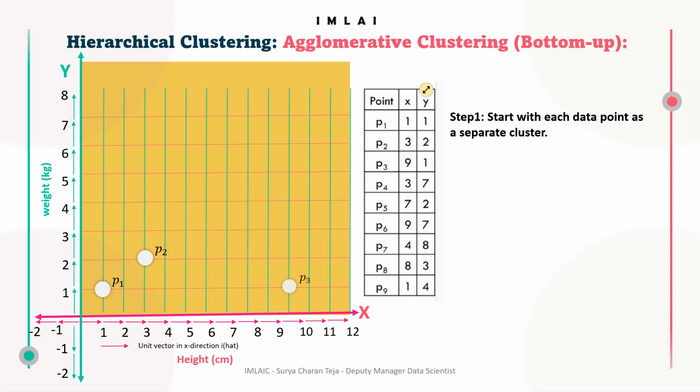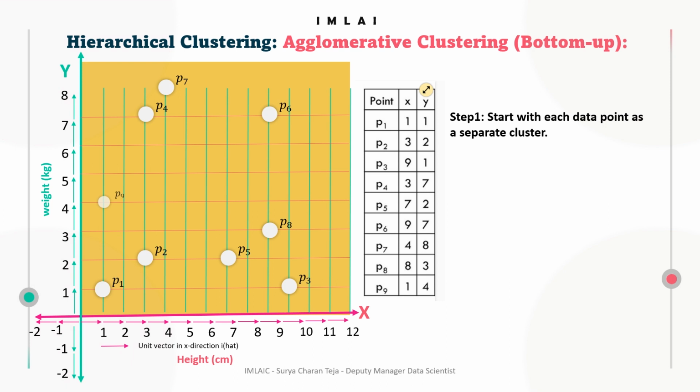So P1 is one cluster, P2 is another cluster, P3 is another cluster, similarly P4, P7 which is 3 7, then P5 7 2, P6 9 7, P7 4 8, P8 8 3, P9 1 4.